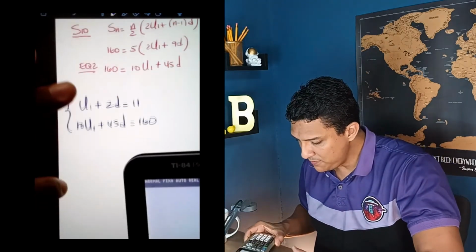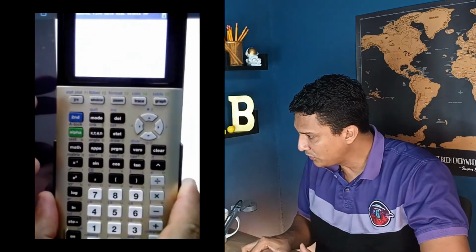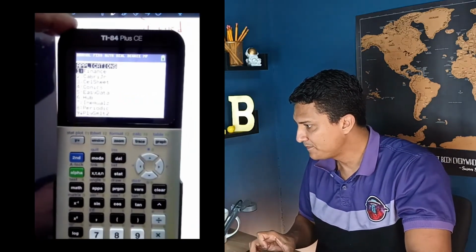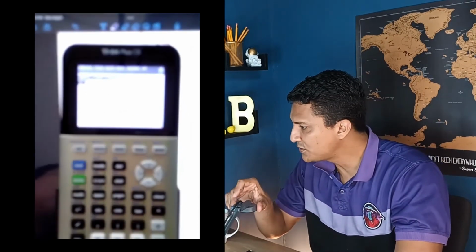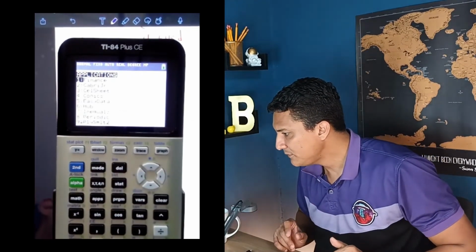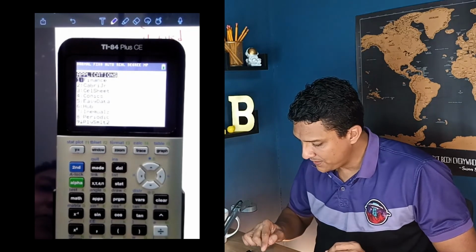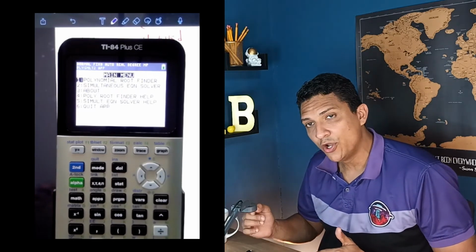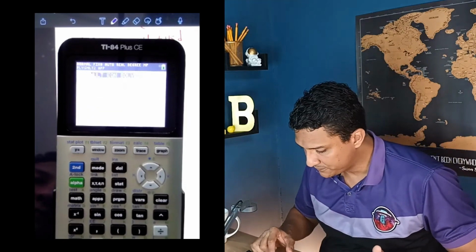Remember that to input these formulas in the calculator, we need to go to the key that says apps. In this key, we're going to select the 9th option. Here I have the main menu, and I'm going to work with the second option, the one that says simultaneous equation solver.